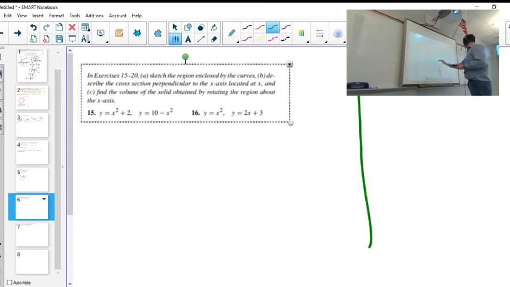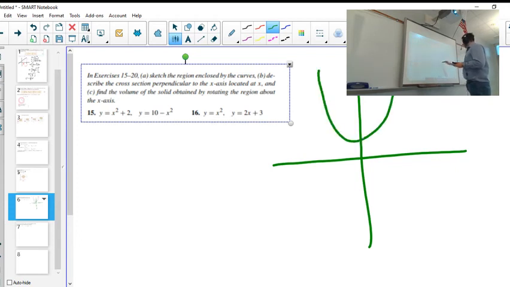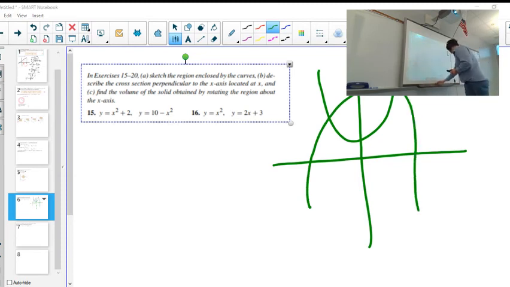We've got two parabolas, and let me try that again.